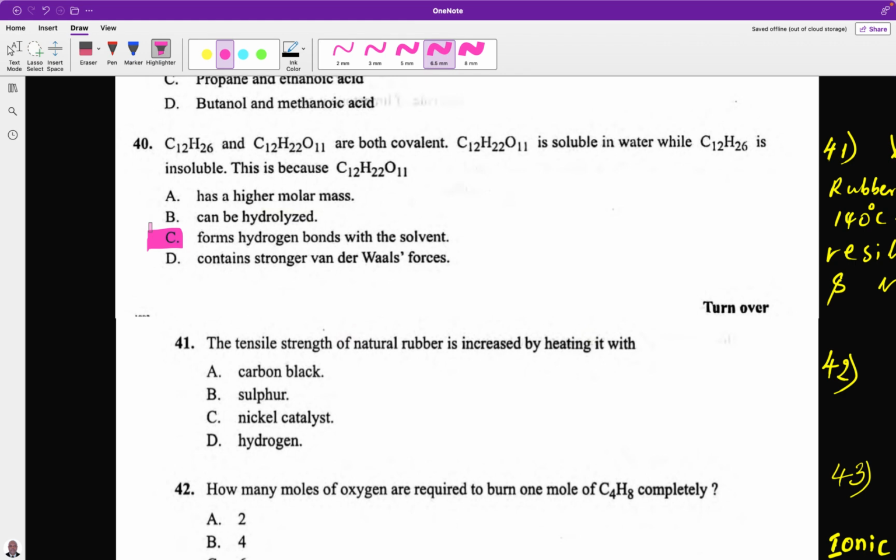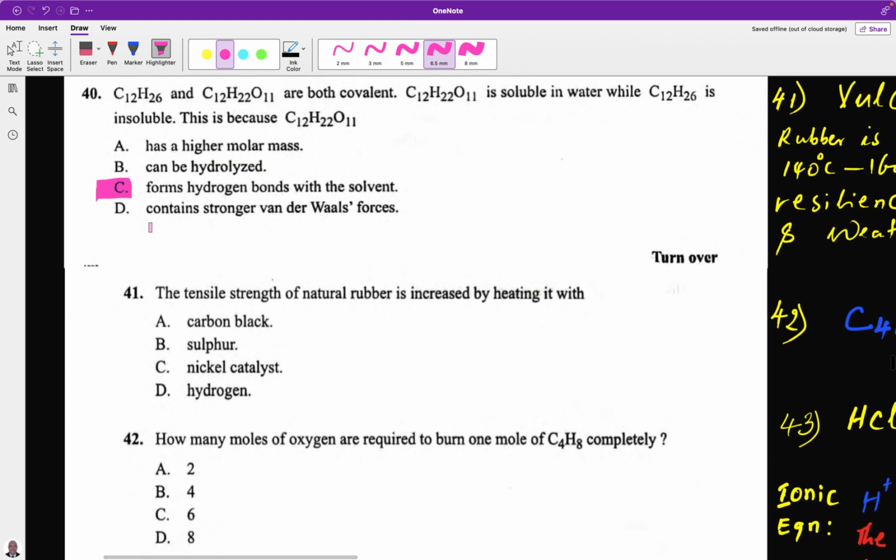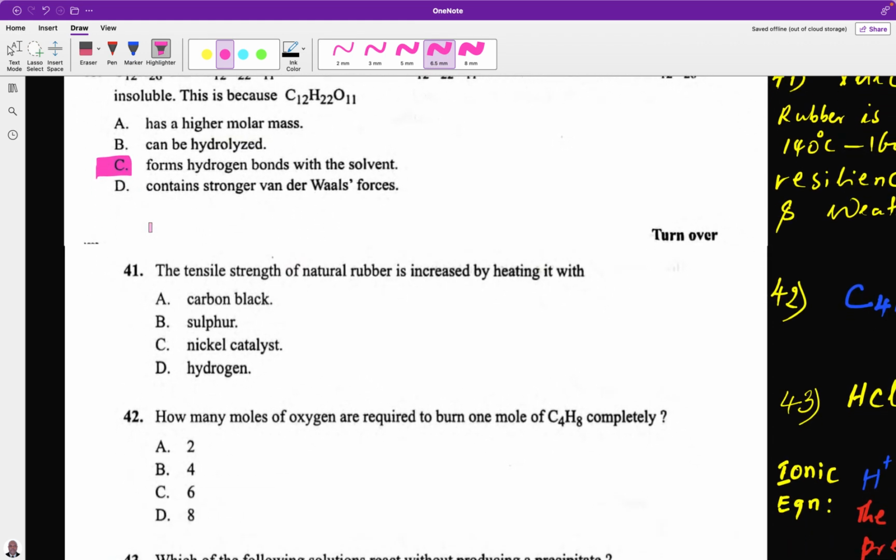40 is C. 41: the tensile strength of natural rubber is increased by heating it with what?